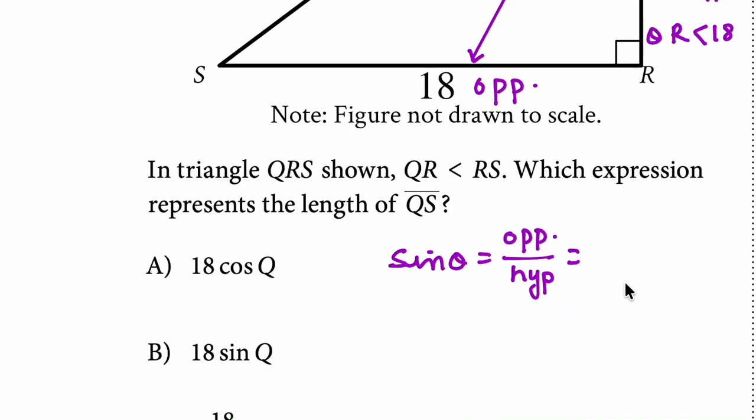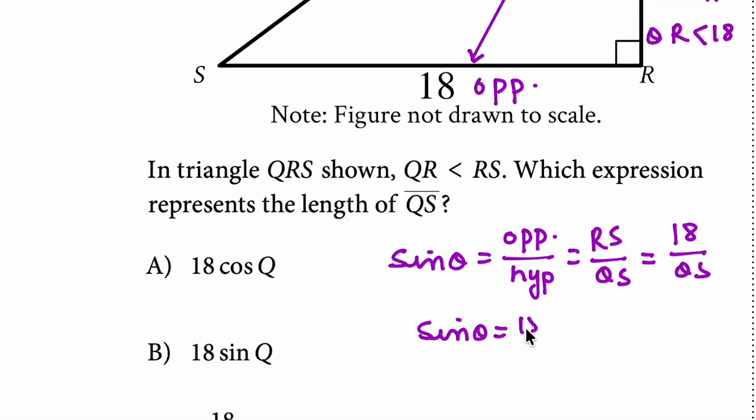So RS over QS, and RS is 18 and QS is not known to us. So sine theta is equal to 18 upon QS. Now, if you do it on a regular basis, you will divide by sine theta on both sides and multiply by QS on both sides. So that means you will do it like this.